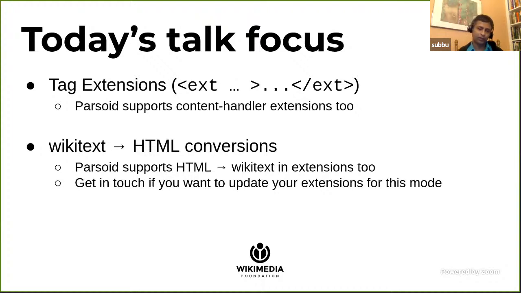But for today, I'm only focusing on the wikitext to HTML conversions because all the extensions that exist today will only be doing this particular format, and we're only concerned about the transition from core parser to Parsoid. But if you have an extension that you want to handle the HTML to wikitext conversion, then get in touch with us and we'll give you any advice or can work with you.